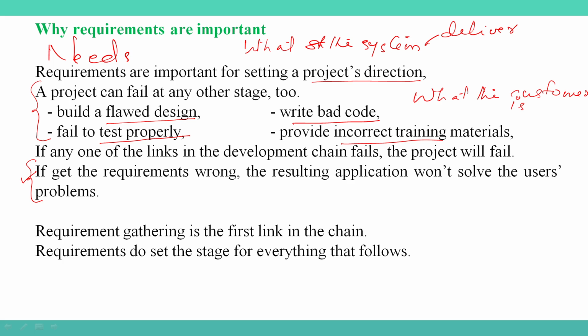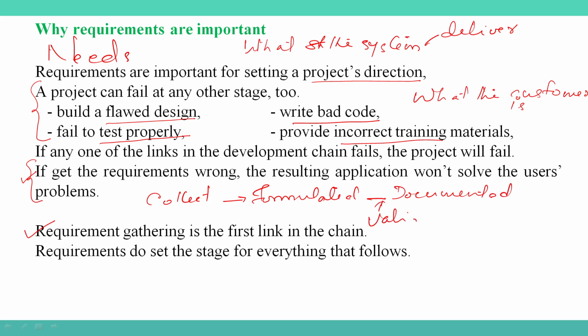Requirements gathering is the first link in the chain, because first we have to collect the requirements, then they have to be formulated, and they have to be documented. In between you have to validate them. So this much has to be done.